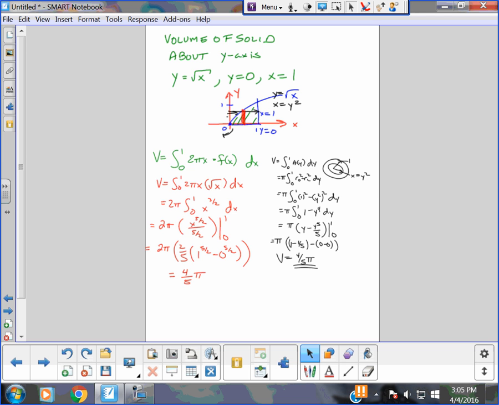Cylindrical shells, the red method over here on the left, only works when you're rotating and you're getting cross-sectional areas that can be represented by a right circular cylinder. This will not work if the cross-sectional areas are squares or triangles. This only works when you can have a right circular cylinder.